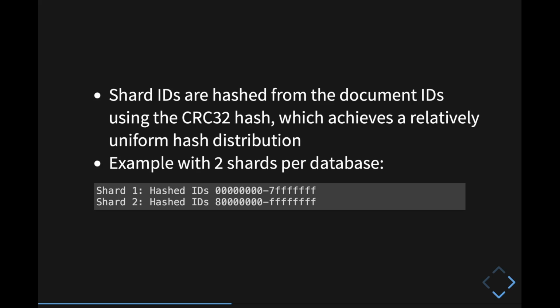So usually shards are fairly evenly balanced unless you have a lot of deleted documents or conflicts or something like that. And here's an example, 2 shards per database. So one will be this hexadecimal range, one will be the other. So you can see it's completely evenly spread by the hashed ID.